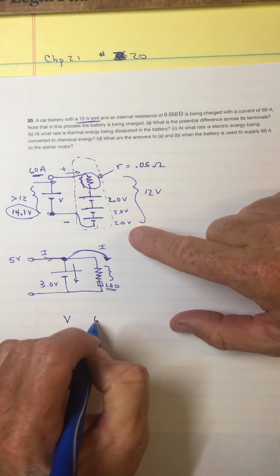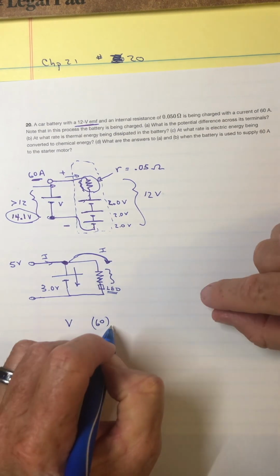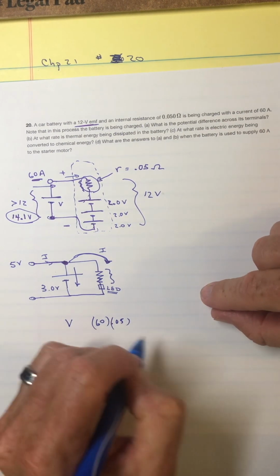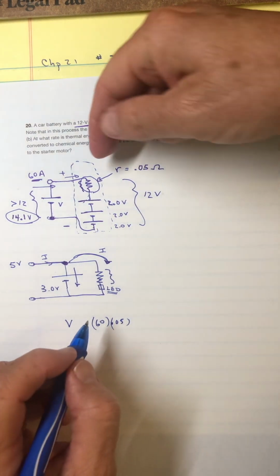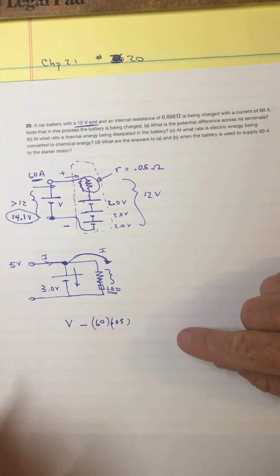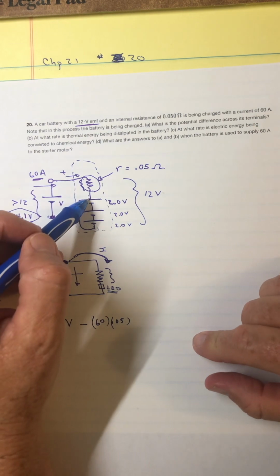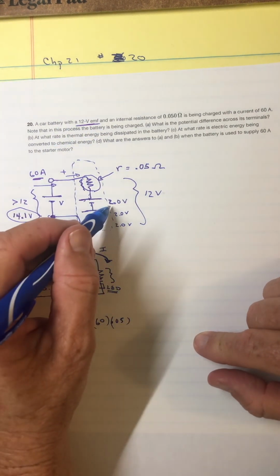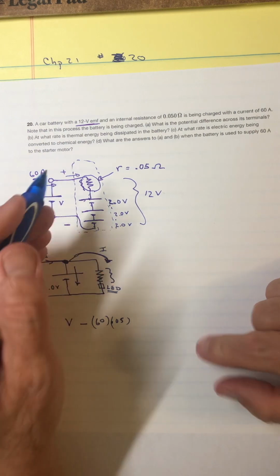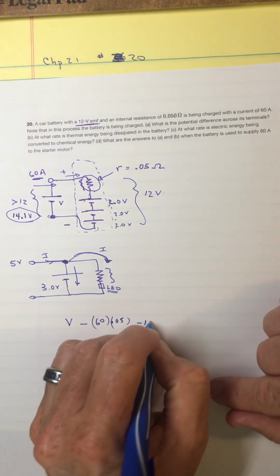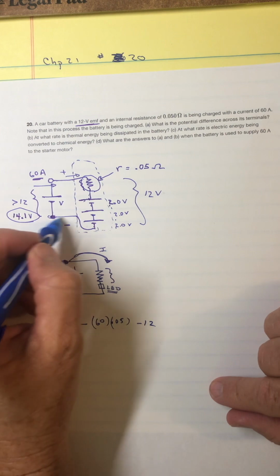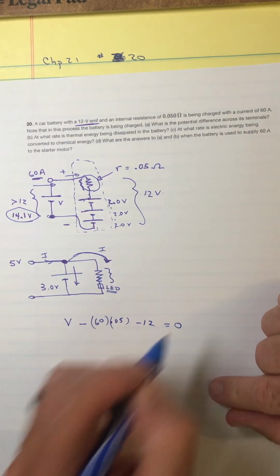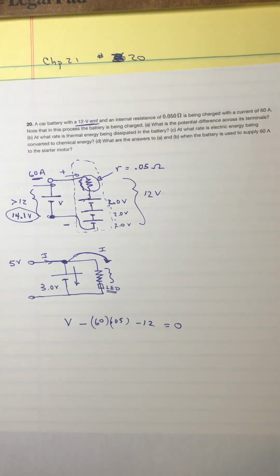So current is 60, resistance is 0.05, and I'm going with the current, so that's a decrease. Then I go through the internal EMF, which they tell me is 12 volts. It actually would be 2 volts 6 times, but again, it would be a minus 12, and then I would return back where I started.